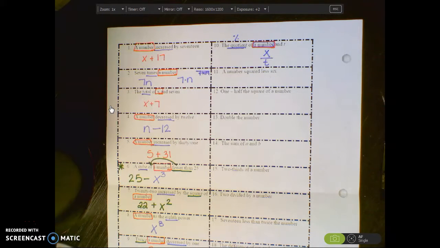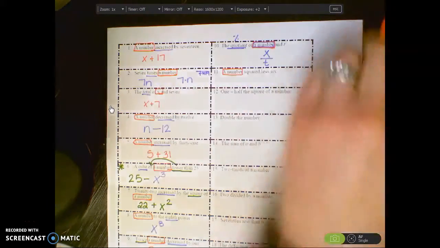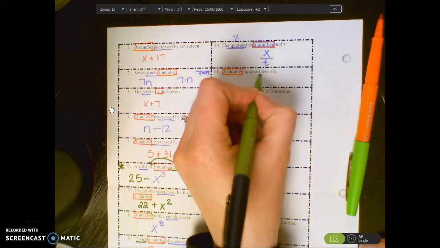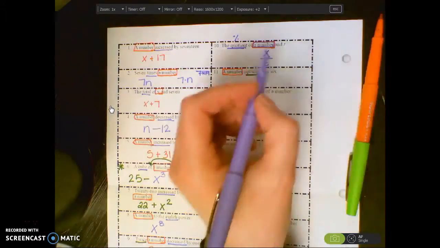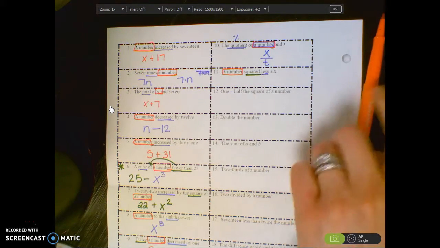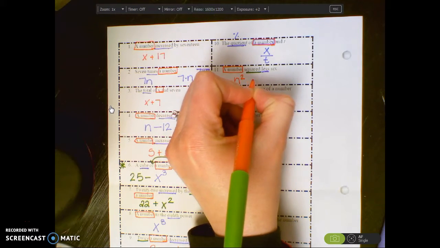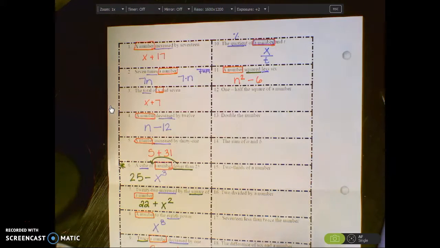A number squared less 6. A number squared less 6. Number 12, 1/2 the square of a number.